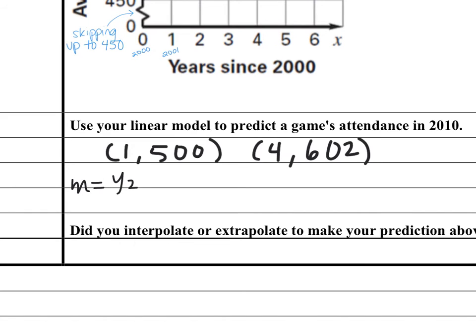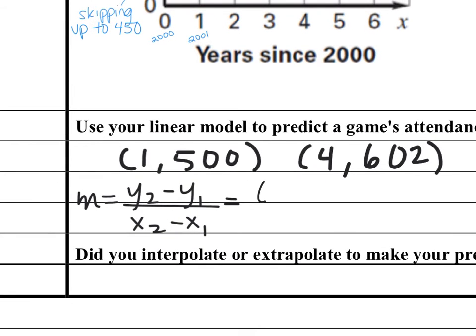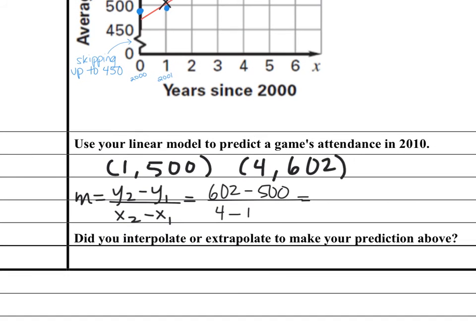Oh, man. Because it's 100. So go ahead and plug in your points. So it's exact or no?